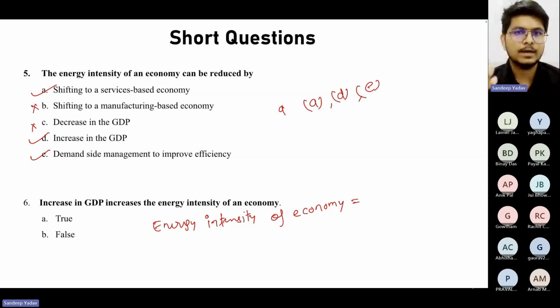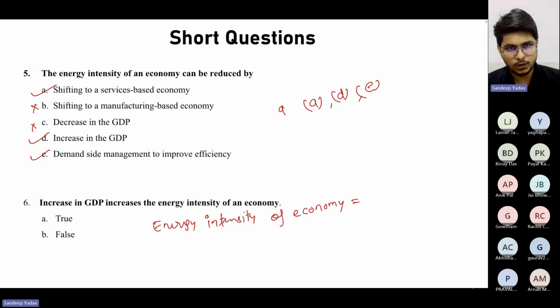Increase in GDP primarily increases the consumption of energy resources. Suppose a country's GDP increases, their lifestyle also improves. So we are using more and more appliances and more energy to get a luxurious life rather than a basic life. In that sense, generally GDP increases the energy intensity.